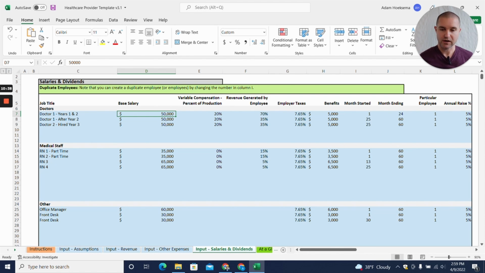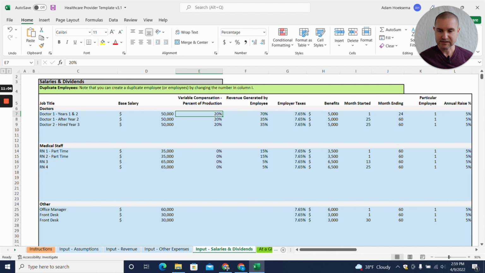So let's say you're the owner and you're also going to be working as a doctor in the facility, and you can give yourself a base salary, but you can also add a variable compensation as a percentage of your production. So this is saying that you also earn, in addition to a $50,000 base salary, you'd earn 20% of whatever revenue you bring in.